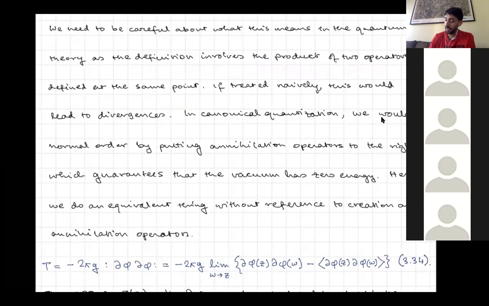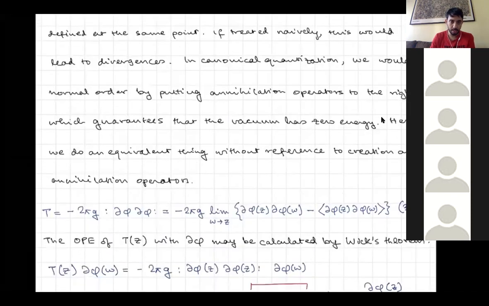What we are going to do is normal order this. What that means is that when you take z going to omega, you are going to be extracting out the 2-point function of this from here.